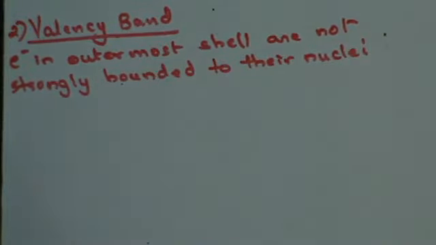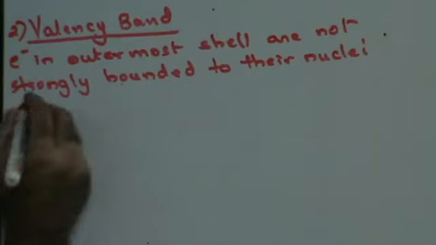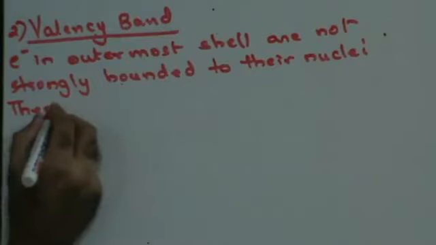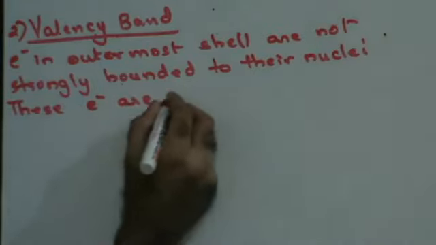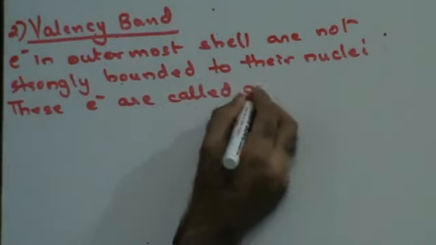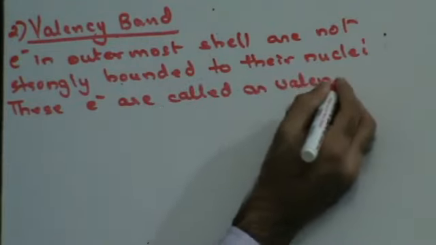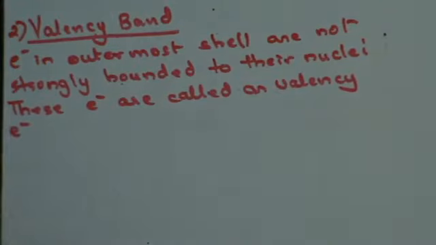These electrons are called valency electrons, right?